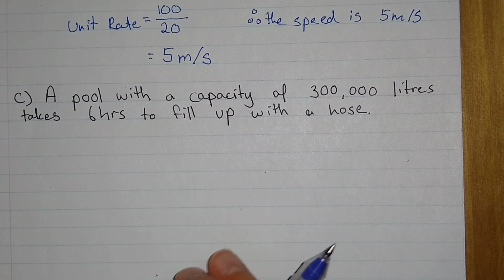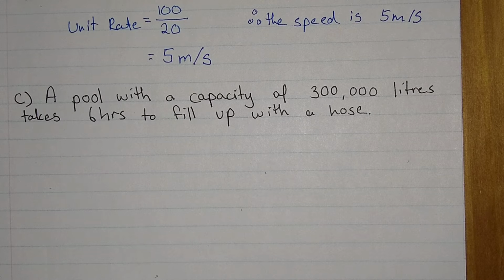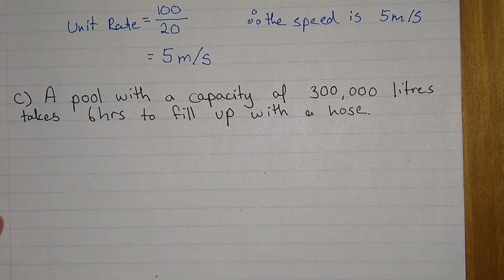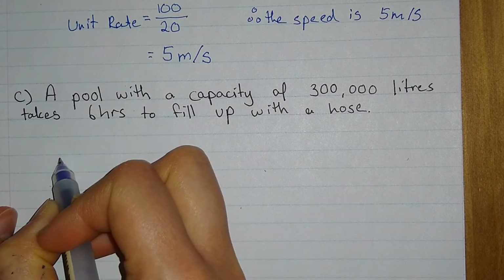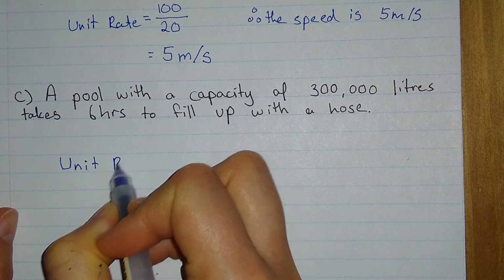So here, a pool with a capacity of 300,000 liters takes 6 hours to fill up with a hose. So what we're finding here is how much of the pool fills up in 1 hour.